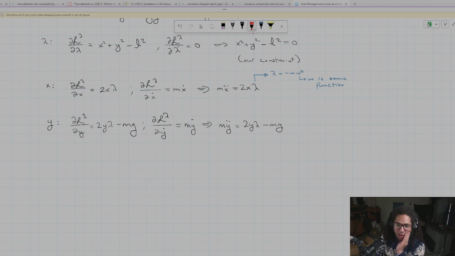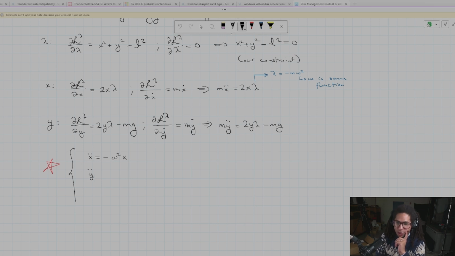All right, now let me star the equations that we actually come up with from this. I'm going to slightly reorder them. So for the x, actually, the m's will cancel. So we get x double dot is equal to minus omega squared times x.